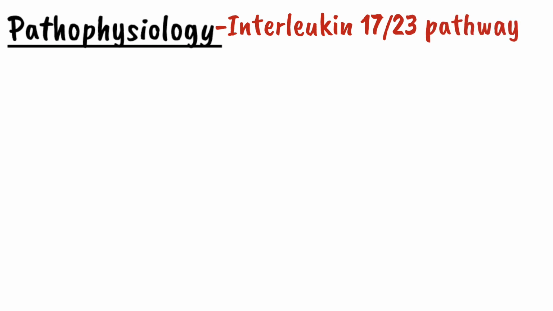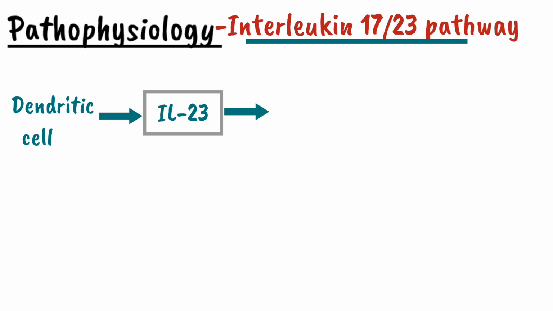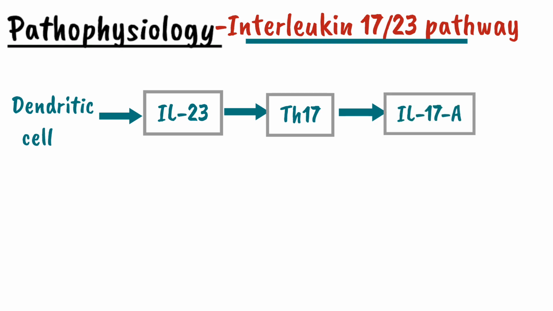Remember that this activation leads to production of cytokines which will eventually cause psoriasis. The most common pathway leading to psoriasis is the interleukin 23 and 17 pathway. How does this pathway occur? The dendritic cell produces interleukin 23. This interleukin 23 acts on Th17 cells to produce a pro-inflammatory cytokine, interleukin 17A.